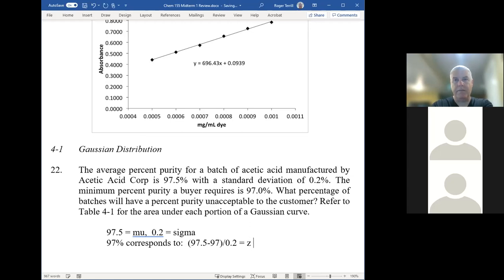And this is the minimum percent purity, right?